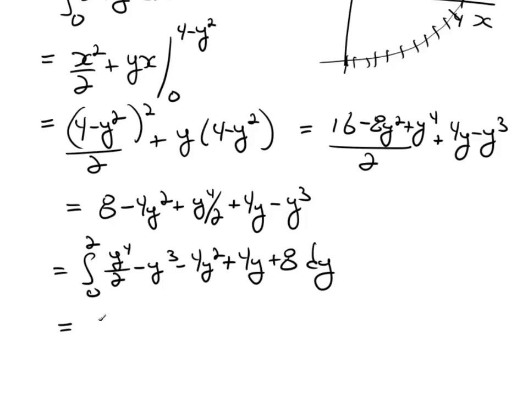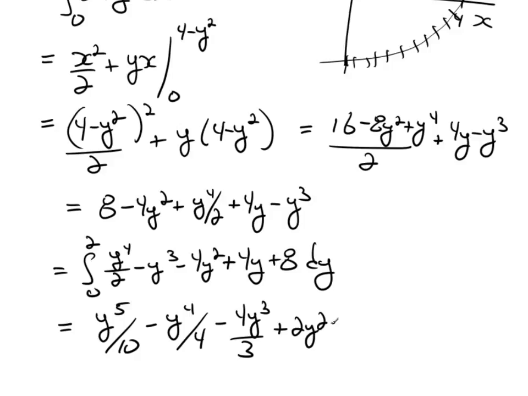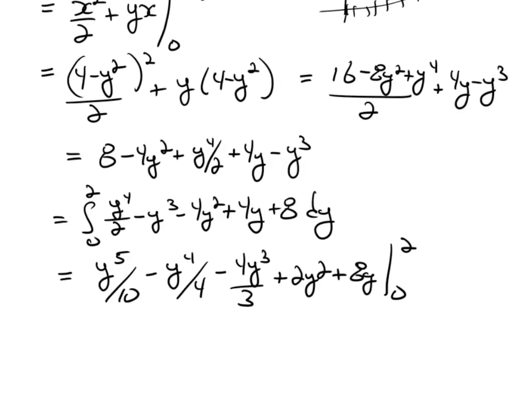So this is going to be y to the 5th over 10 minus y to the 4th over 4 minus 4y cubed over 3 plus 2y squared, because it's 4y squared over 2, plus 8y, evaluated from 0 to 2. That's nice. All these have a y, so the 0 part is just going to be 0.